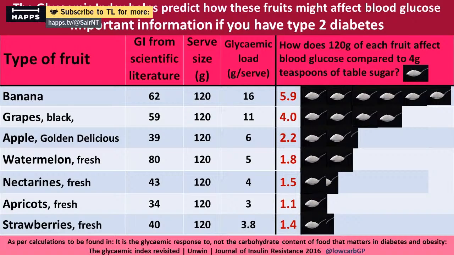But you can have fruit, and of course it's everything in moderation, and everybody's body is different. So we just want to make sure that we're looking at what we can have. You have to know how it's going to affect your body.